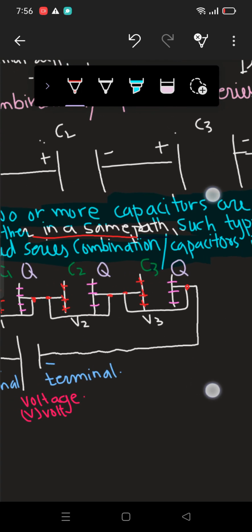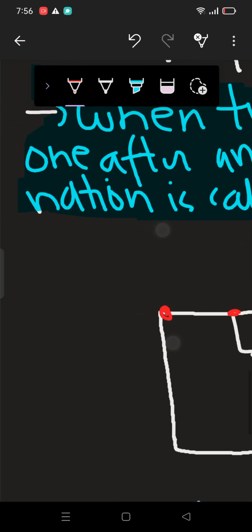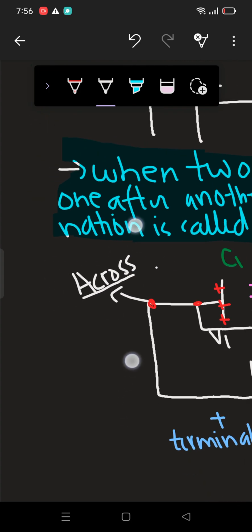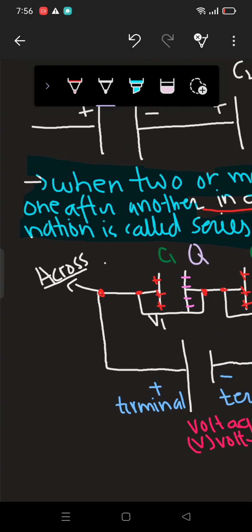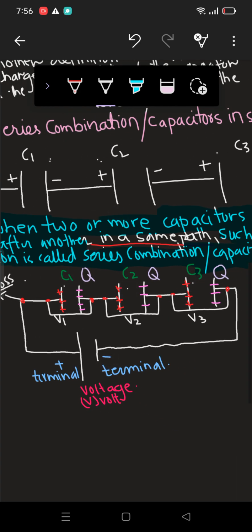Now let's understand this. Of course, the potential difference would be across the capacitor. Now consider three capacitors C1, C2, C3. They are connected in series. Now see what series means, which means in a same path. C1, C2, C3 are connected in series, which means the three capacitors are connected in the same path across the positive and negative terminals of the battery.